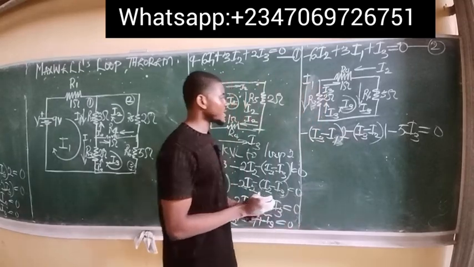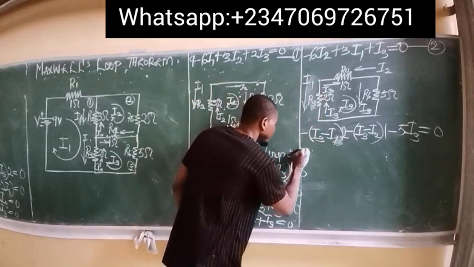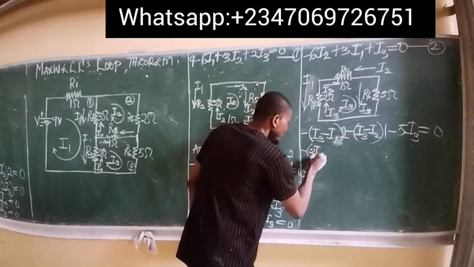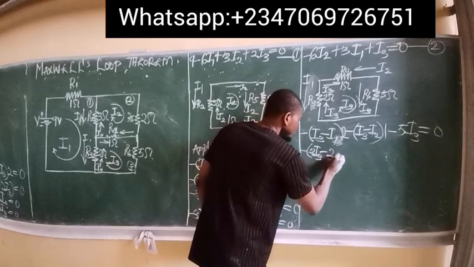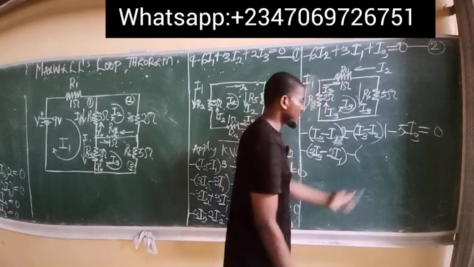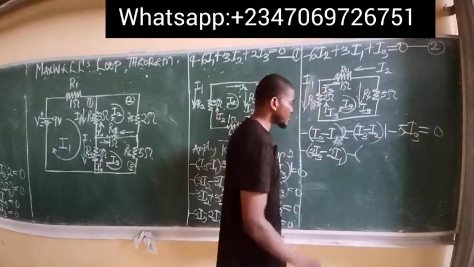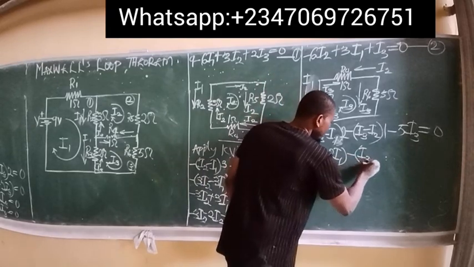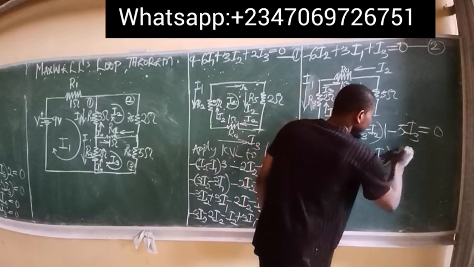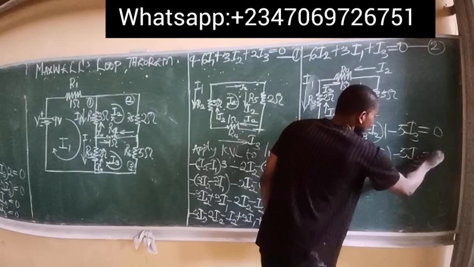So let's expand the brackets now. I have minus 2 times I3 gives me 2I3, minus 2 times I1 gives me 2I1. Minus, same thing here, 1 multiplies everything here, remains the same. So I have I3 minus I2, minus 5I3 equals 0.